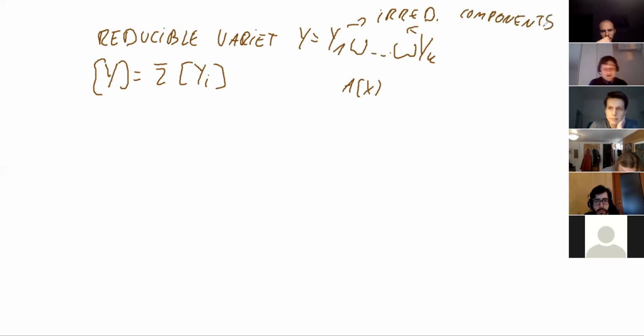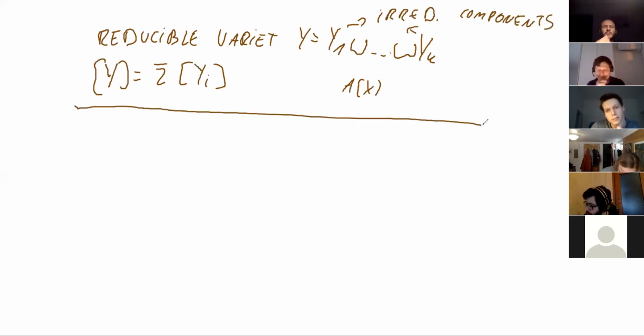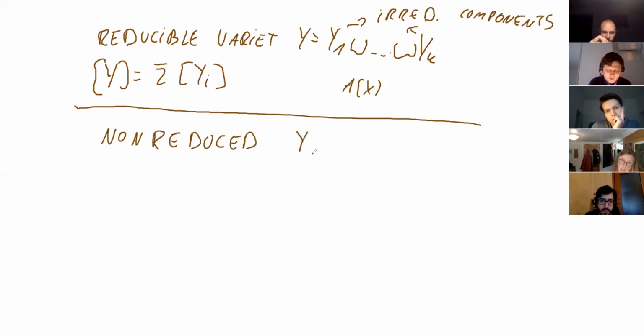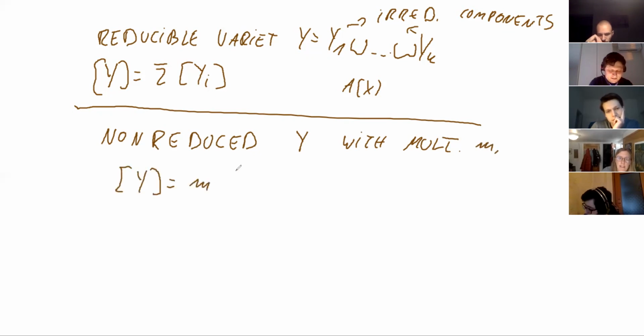Okay, and one thing that I wanted to hide, and for which I'm sorry, is that if you have a non-reduced Y with multiplicity, let's say M, then you will write that the class of Y is M times Y red.